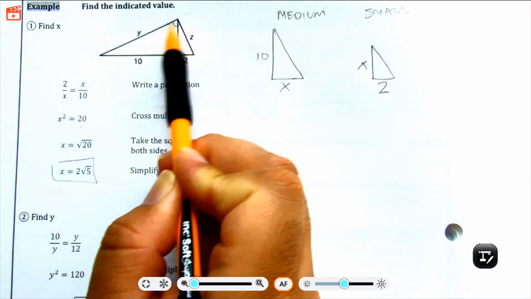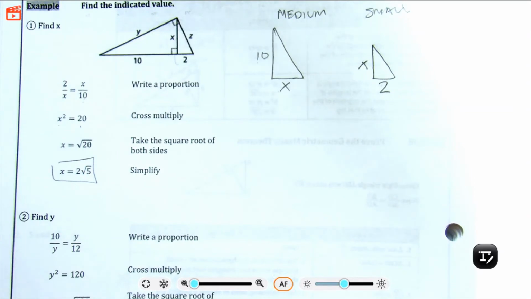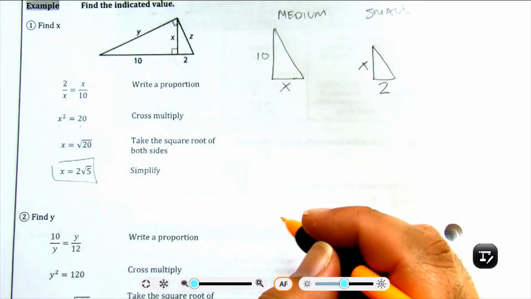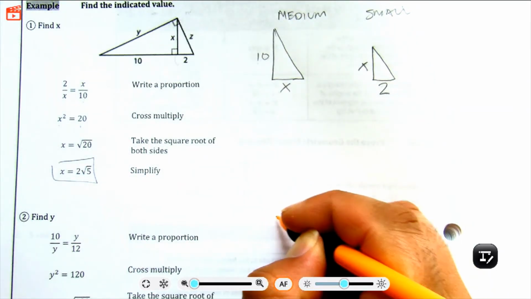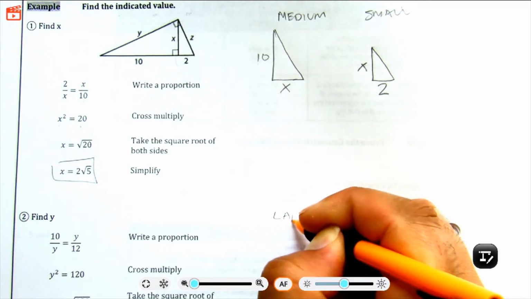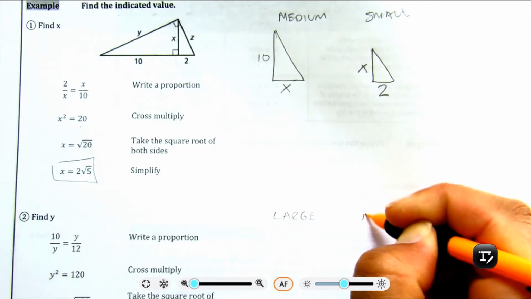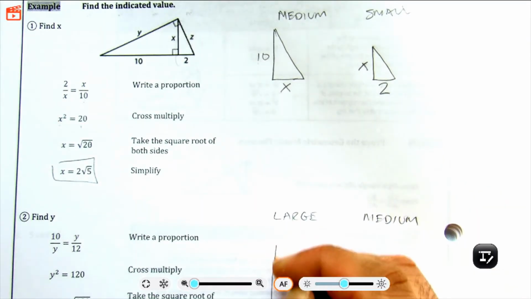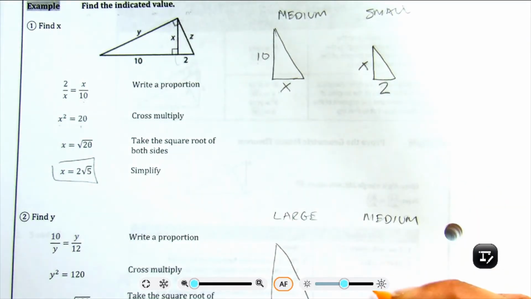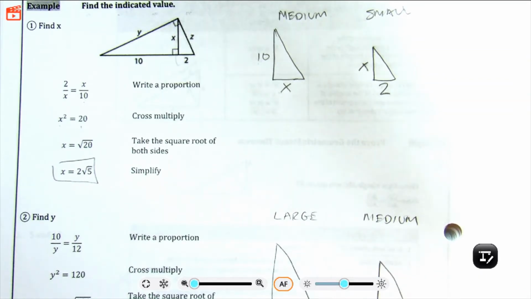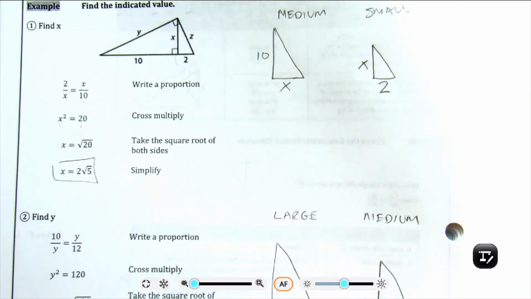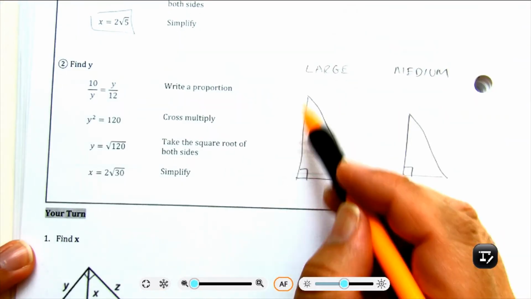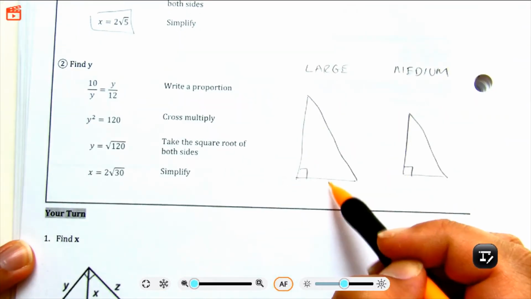So what I'm going to do is draw the large triangle and the medium triangle like this. This is the long side, this is the short side, this is the hypotenuse. Long, short, hypotenuse.